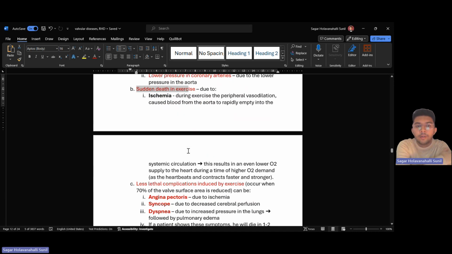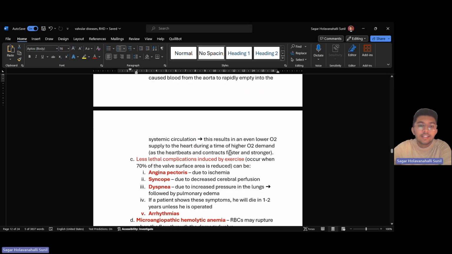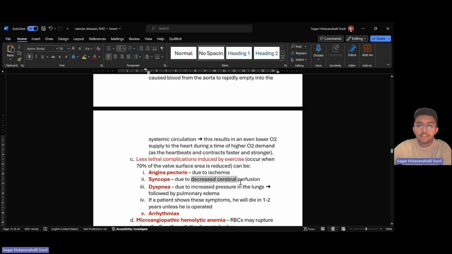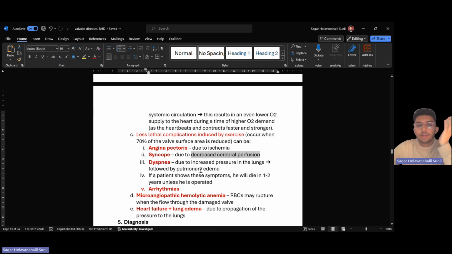Now, less lethal complications could be angina pectoris due to ischemia, and syncope because of decreased cerebral perfusion, because obviously not much blood is getting into the brain. Dyspnea, because there'll be increased pressure in the lungs: increased pressure in the left ventricle eventually goes into the left atrium, and if you trace it back, you're going back into the lungs.